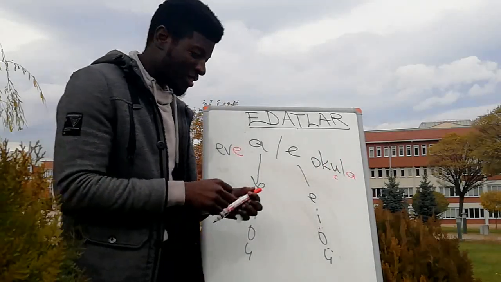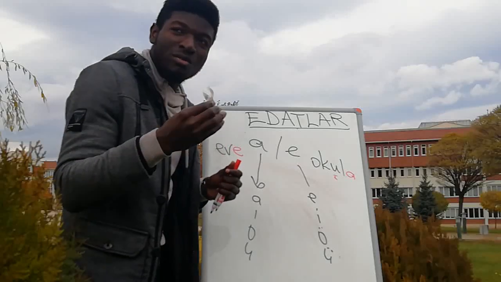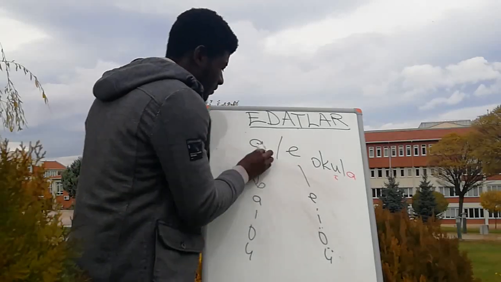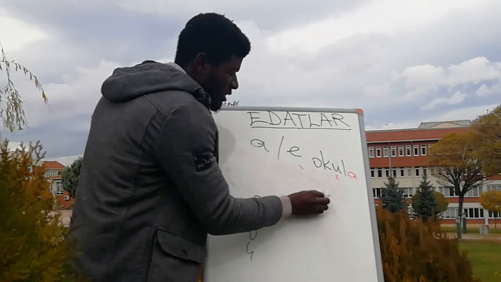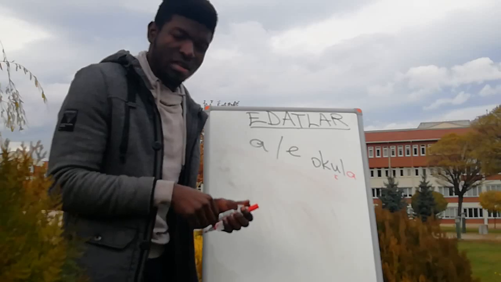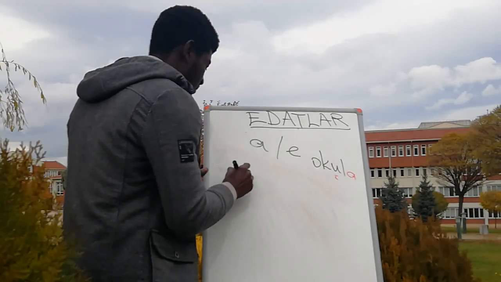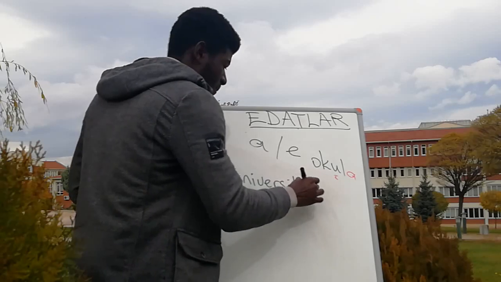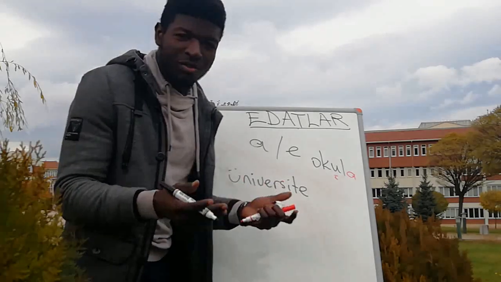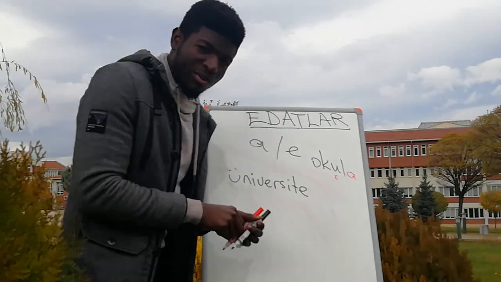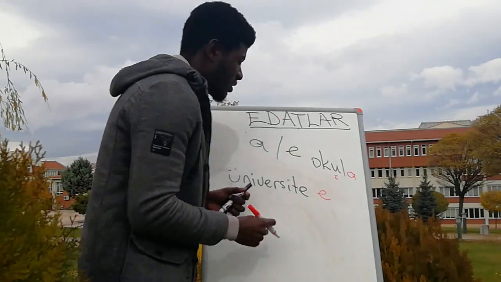Now let me give you something that is a little bit different. For example, a word finishing with a vowel. If I want to say university, üniversite, and to the university, probably I will bring e, right?